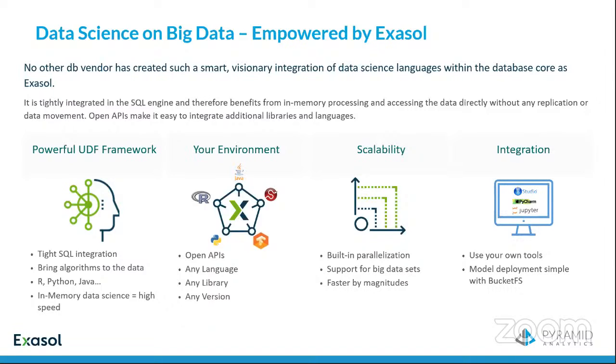That means you can add your language of choice to the mix and use that language inside the database. So for example, if you prefer doing stuff in Scala, there's no problem. You can add Scala to the mix.